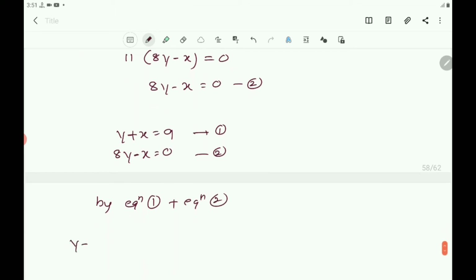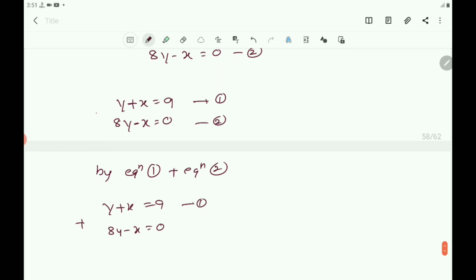So take y plus x equals 9, plus 8y minus x equals 0. While adding, there is no necessity of taking them in order of first and second.